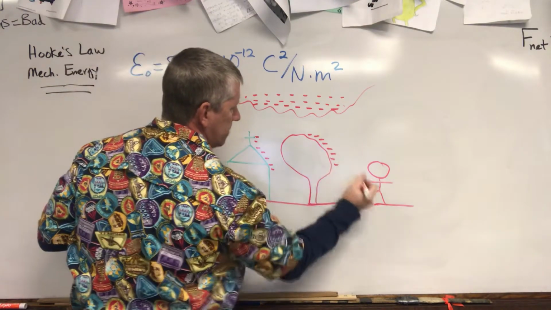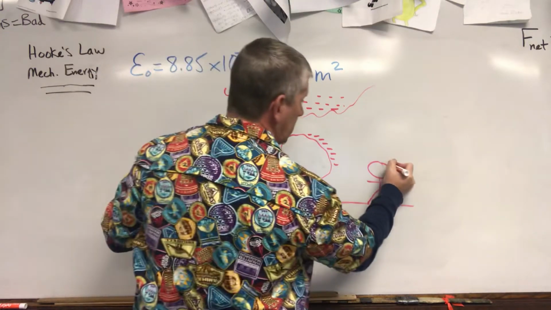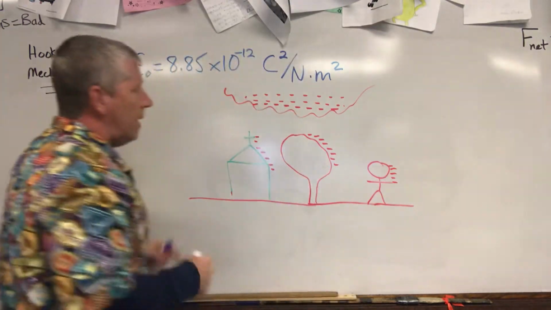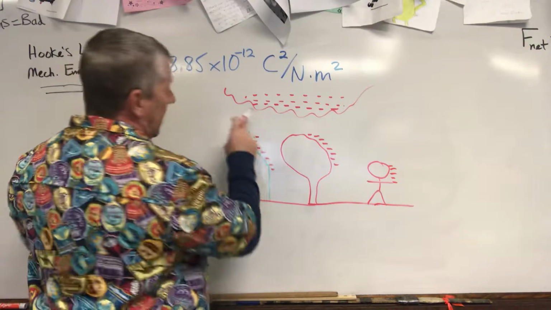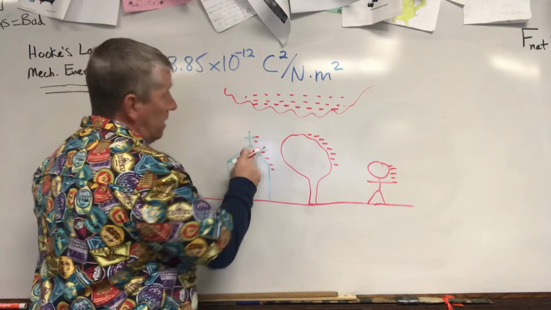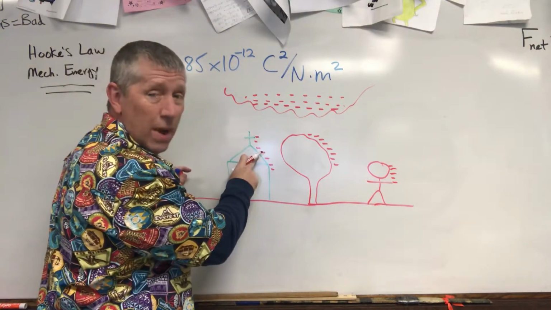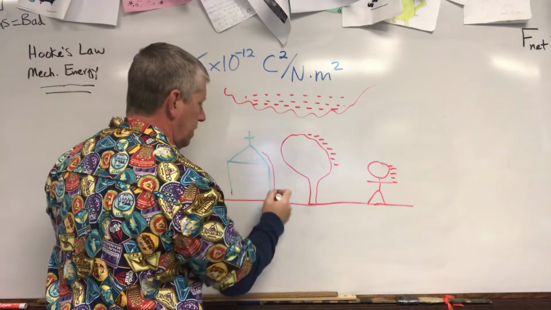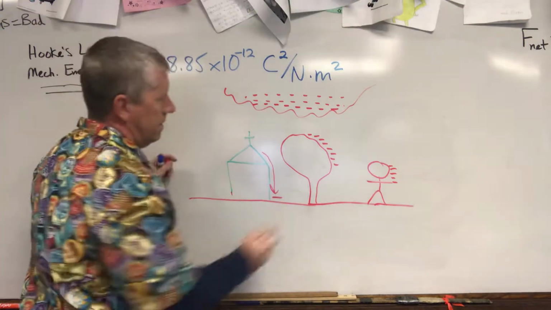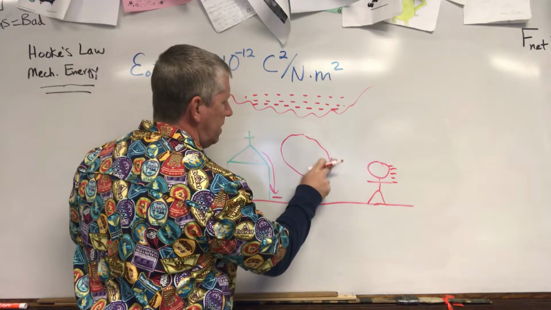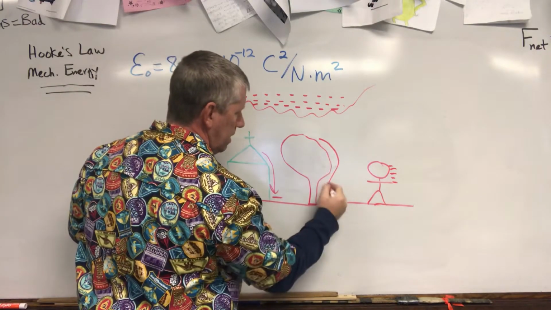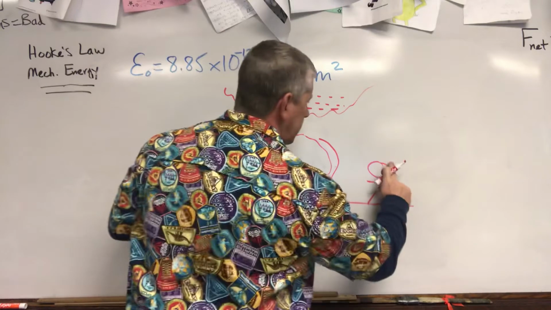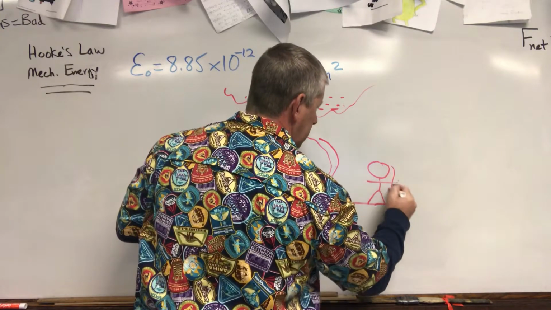So there's a bunch of negatives in the tree and in the church and in you. These negatives say, we don't like you, so we'll run away, we'll move down, away. And these negatives in you will move down like this.